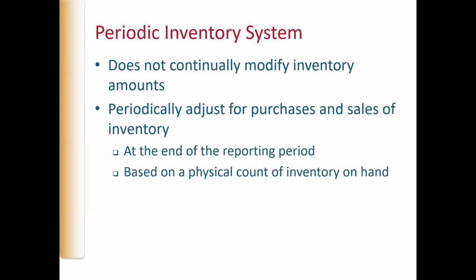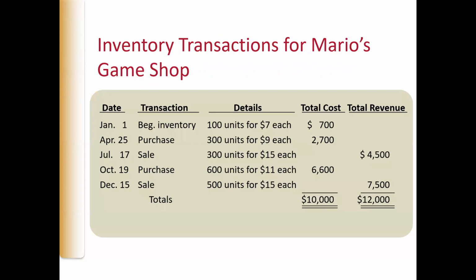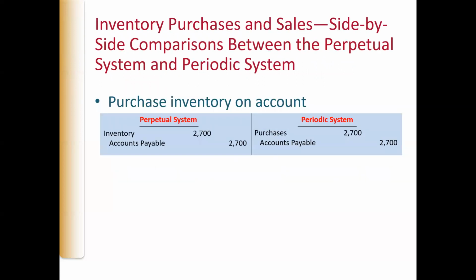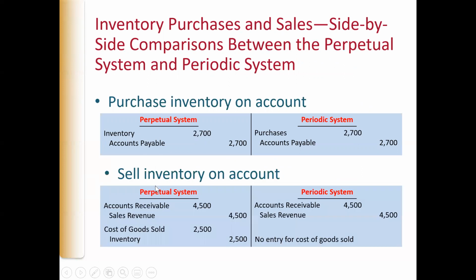Remember, the periodic system doesn't take into account cost of goods sold till the very end. Okay, so using the same information under the periodic system, we don't call it inventory. We call the account purchases when we purchase items.